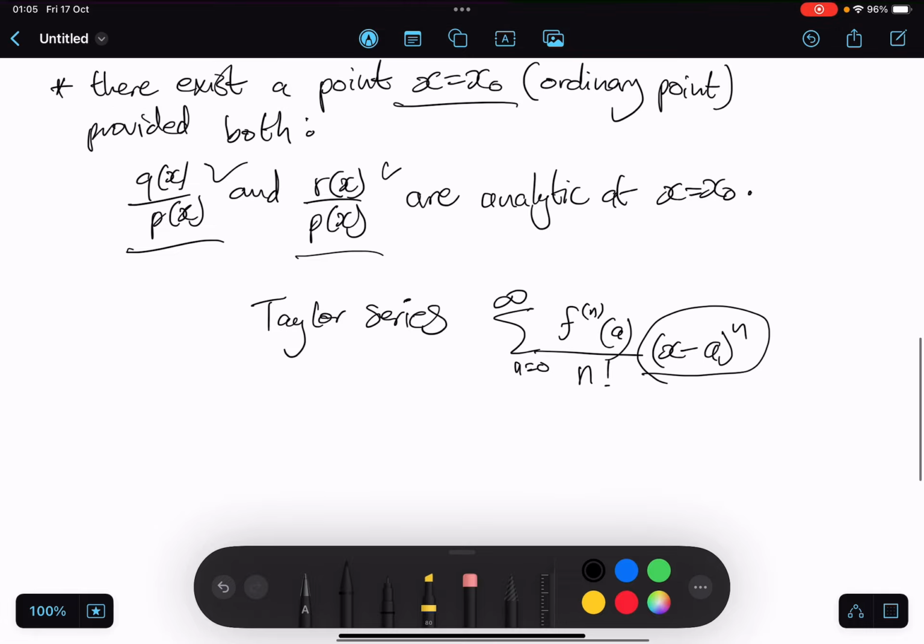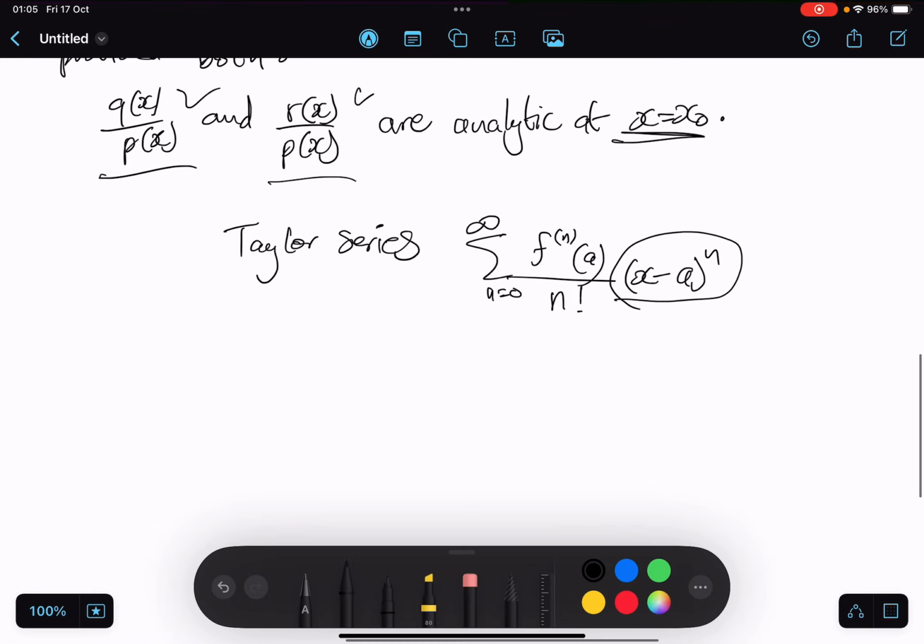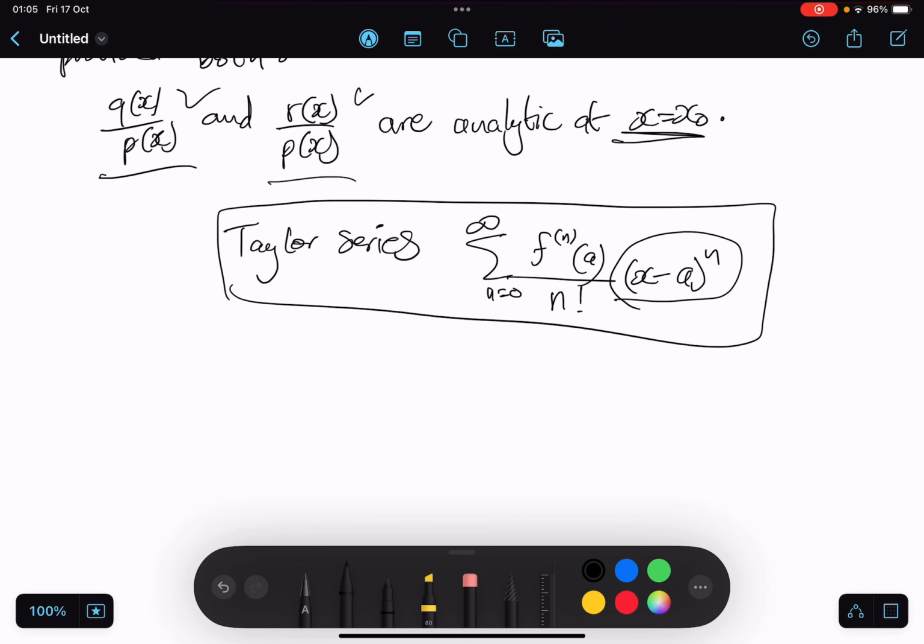So we are saying these are analytic at this point, and they satisfy this condition.